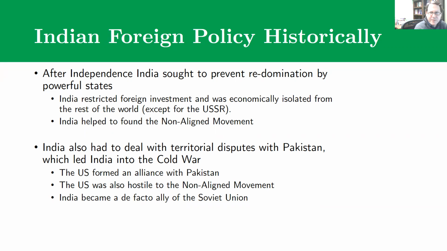India, really, its security concerns following its independence were really tied up with Pakistan. As part of Great Britain leaving South Asia, the South Asian continent is carved up between majority Muslim areas and majority Hindu areas, with the majority Muslim areas being called Pakistan.